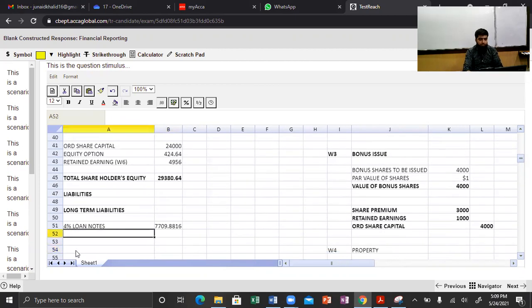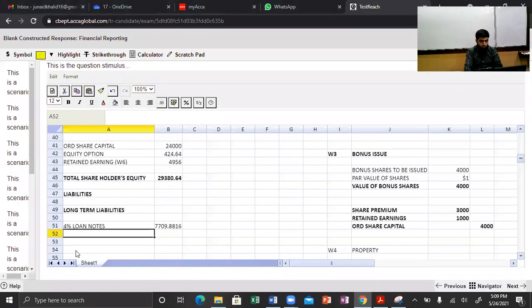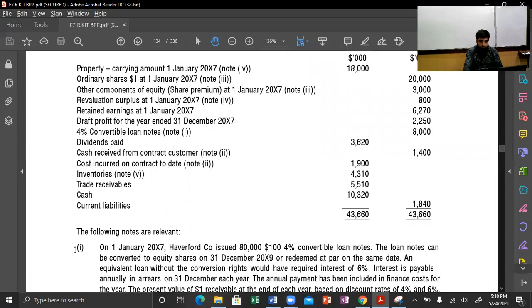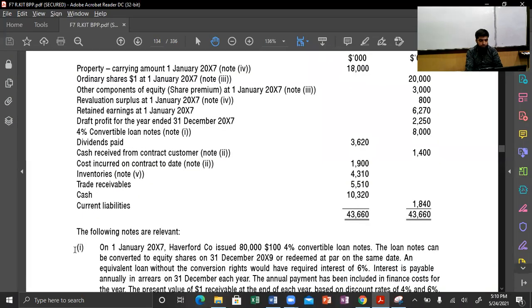And any other long-term liability which we have? No, we don't have any other long-term liability than the current liability. We do have current liability for 1840, which is already given in the question.